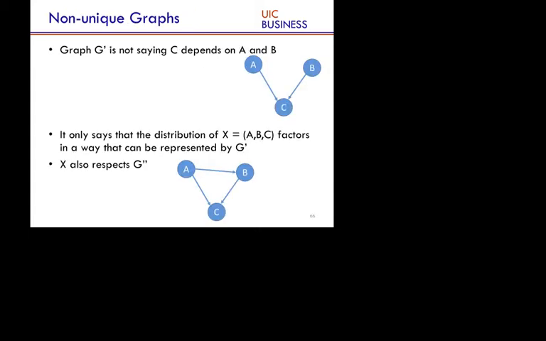In fact, if you take a complete directed acyclic graph, it's a graph where all vertices are connected to all permissible other nodes, then any distribution on n variables respects this. Any distribution on n variables respects a complete directed acyclic graph with n nodes. So this is actually a directed acyclic graph with 3 nodes, right? Any distribution will actually respect this graph. No, that's not a fact you need to take by faith.